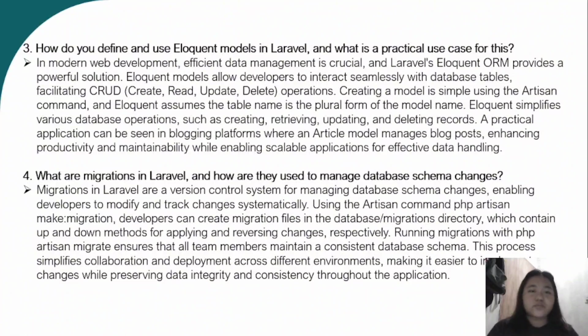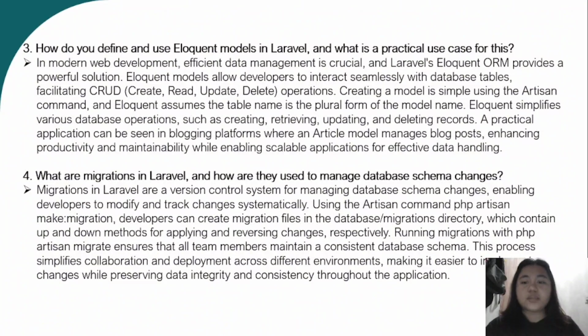How do you define and use Eloquent models in Laravel, and what is a practical use case for this? In modern web development, efficient data management is crucial, and Laravel's Eloquent ORM provides a powerful solution. Eloquent models allow developers to interact seamlessly with database tables, facilitating CRUD operations.